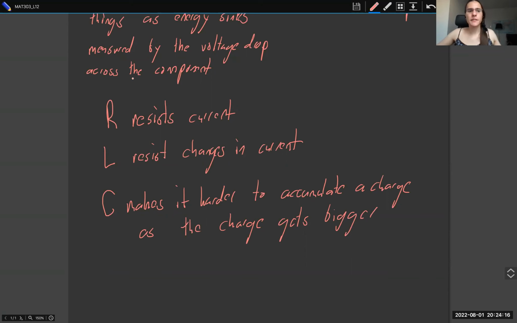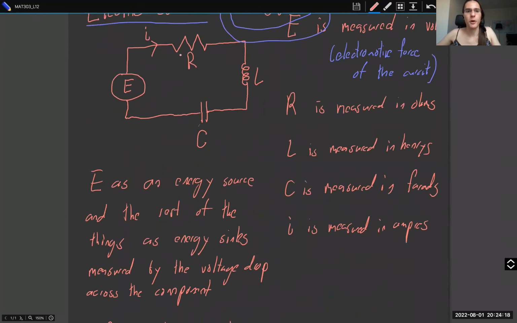And all of these are associated with a certain voltage drop across them.